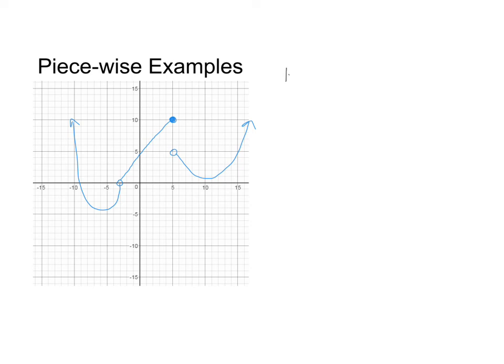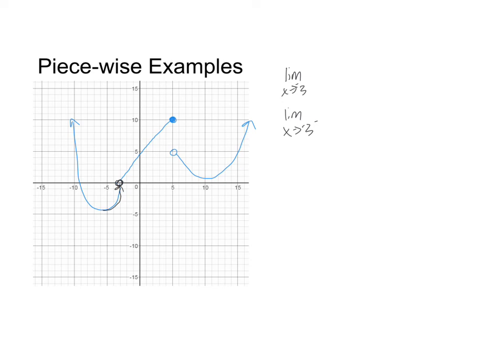So for the first one, let's try to figure out what the limit is as x approaches -3. Okay, so we're looking for this -3 location, which is right there. So if we do it from the left side, so if I say limit as x approaches -3 from the left, that means we're following this bottom part of the curve.